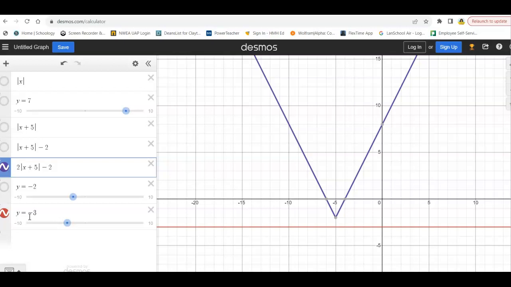And I cannot have the absolute value part of a graph equal a negative number. It's obvious from looking at this that these two graphs will never touch. It's just like solving systems when you have parallel lines that will never touch. So this is what no solution looks like, and this is what it means.